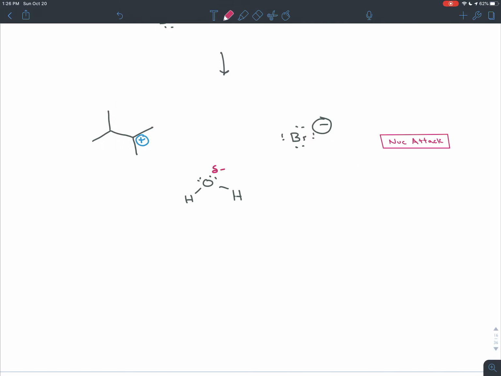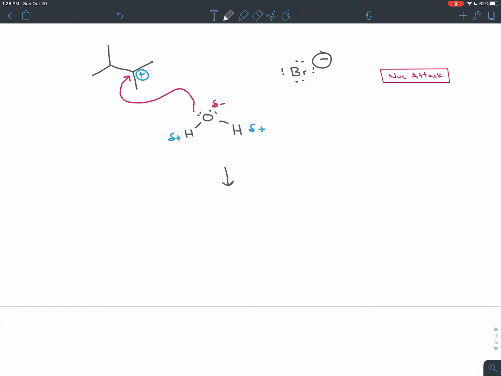The oxygen there has lone pairs, which are nucleophilic, and it also has a slightly negative charge, which makes it nucleophilic. It's getting that charge by stealing electrons from the hydrogens, which then become slightly positive. So it's acting as the nucleophile, and it attacks the electrophile. So that's our nucleophilic attack.